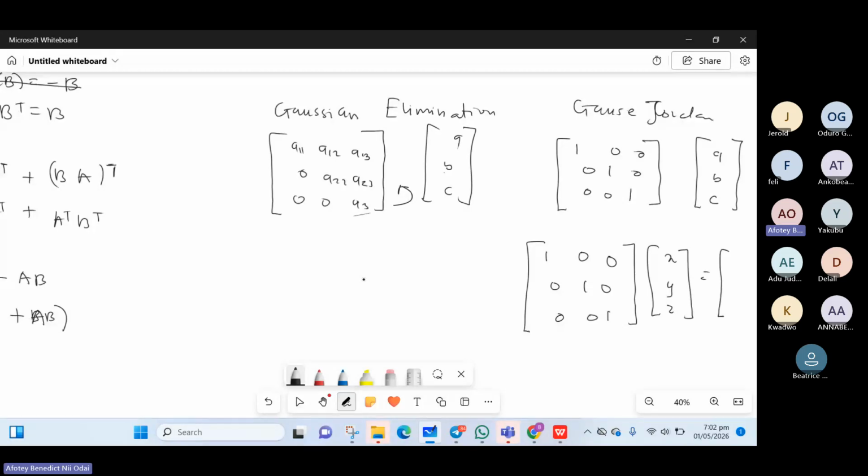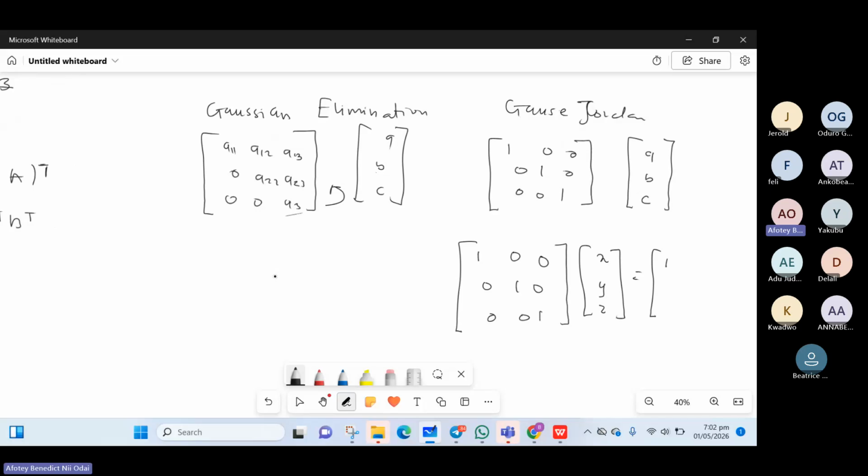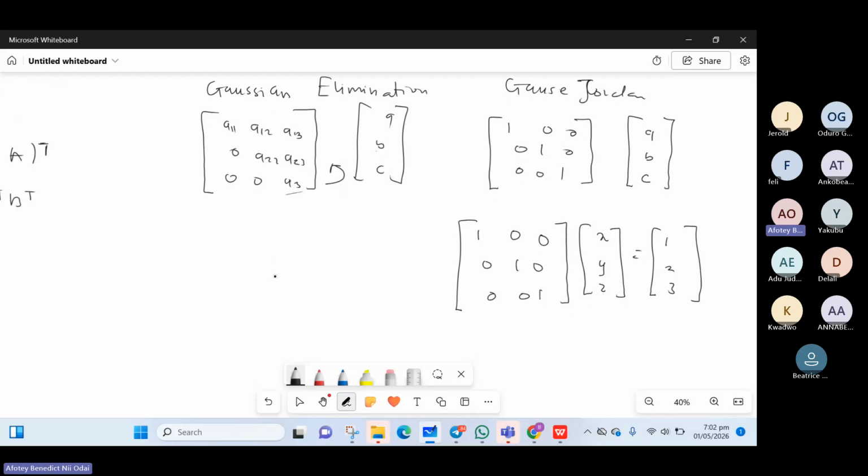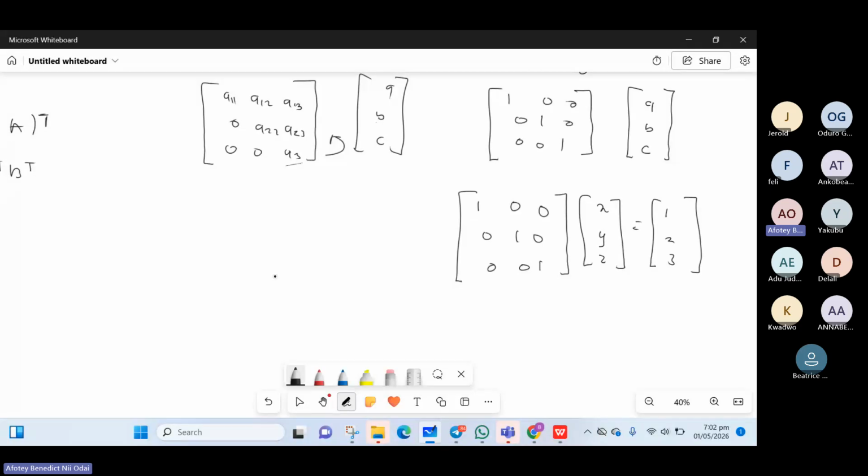Let's use values for now, 1, 2, 3. Once you perform this multiplication, this row times this column, we get z equal to 3. This row times this column, we get y equal to 2. This times this, you get x equal to 1.